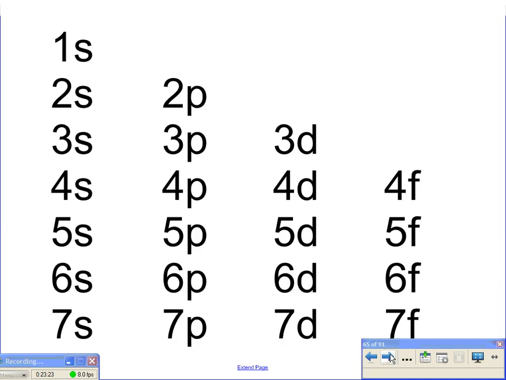And if you notice when we look at our sublevels, once a sublevel shows up in a particular place, every energy level from there on will have that. So the first energy level has 1 sublevel, and it's an S. The second has 2 sublevels, S and P. The third has 3, S, P, D. The fourth and everything below that has S, P, D, and F. It has all of them.